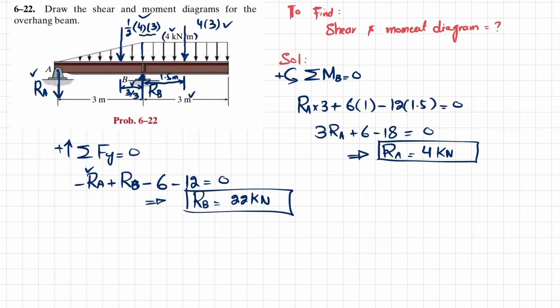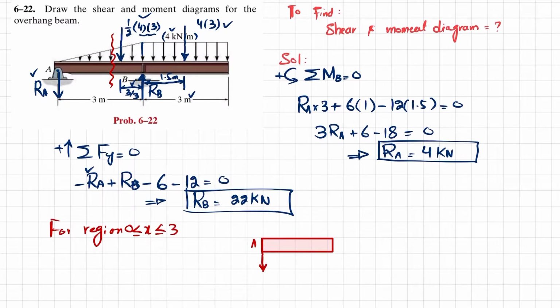First we will find them for the region x greater than or equal to 0 and less than or equal to 3. It means that you will cut the beam somewhere between A and B. When you cut the beam, the free body diagram will look like this. At point A you have RA, which is 4 kilonewton.